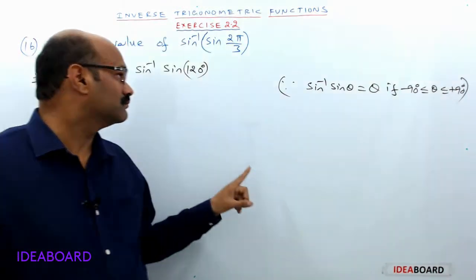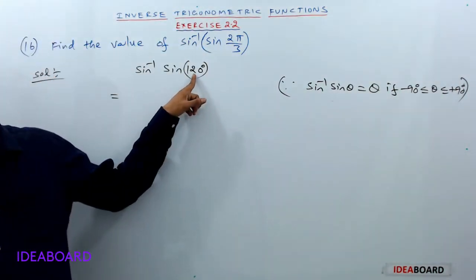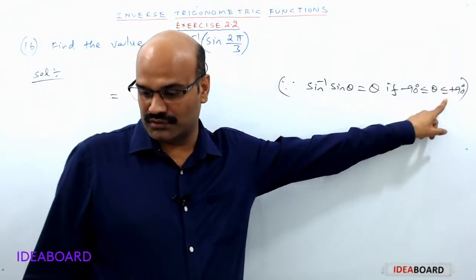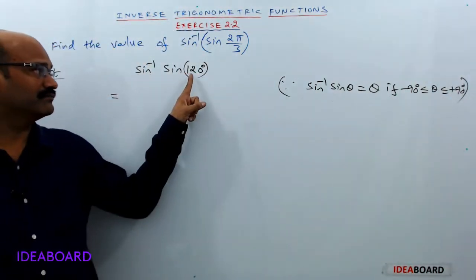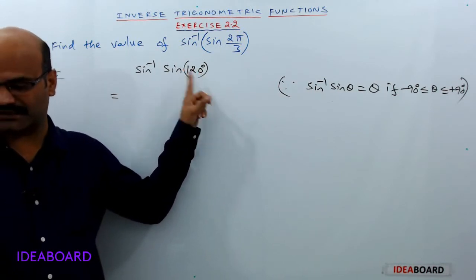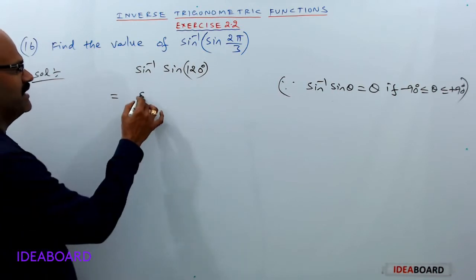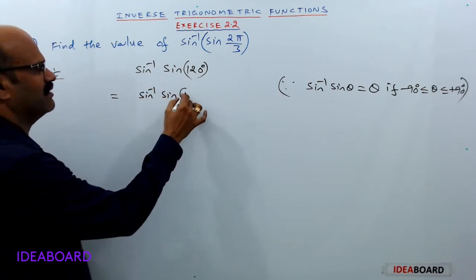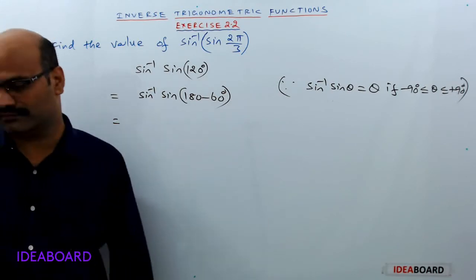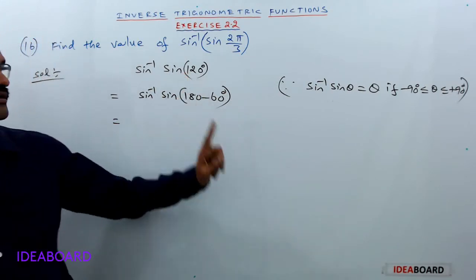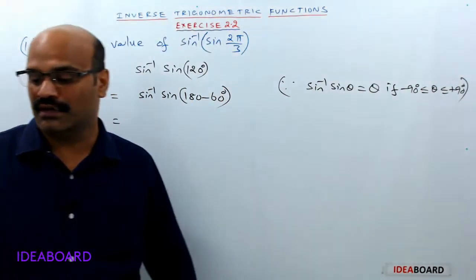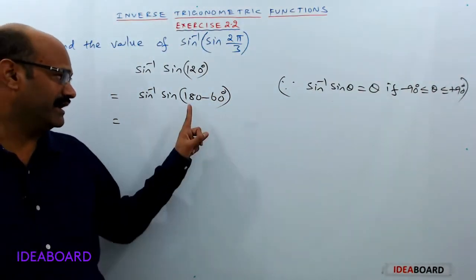Now 120 degrees is not lying between minus 90 and plus 90. So we have to write 120 degrees equal to 180 minus 60. Sin inverse of sin of 180 minus 60 degrees equal to, since 120 is not lying between minus 90 and plus 90 degrees, we have to apply the concept of allied angles.